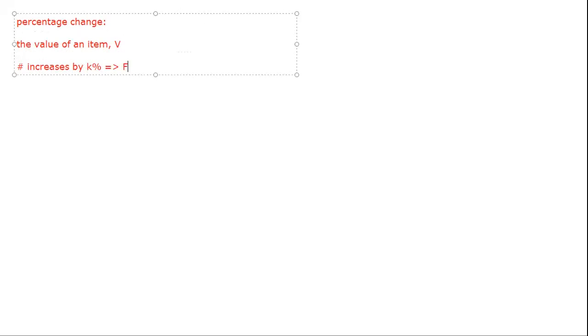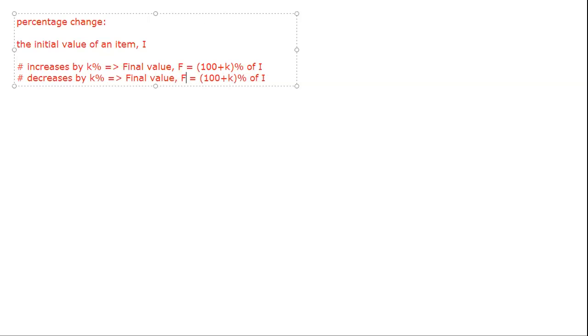So when I'm looking at a percentage change, if the value of an item, say V, increases by k%, then the final value becomes, let's call it the initial value I and the final value F, 100 plus k% of I. And if it decreases, then the final value will be 100 minus k% of I. So if it's an increase by 10%, the value has become 110%.